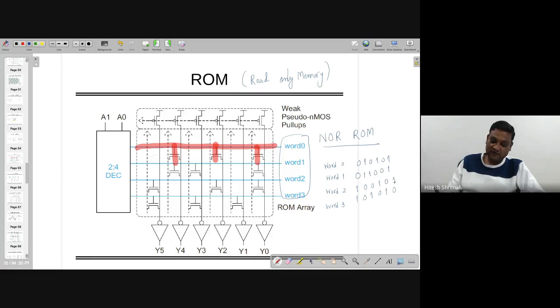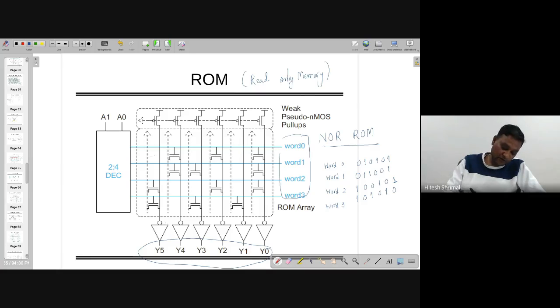And at this particular address, you are writing what you want to write, whether it's logic 1 or 0. And when you are looking at the output, there are various outputs, Y0 to Y5, right?